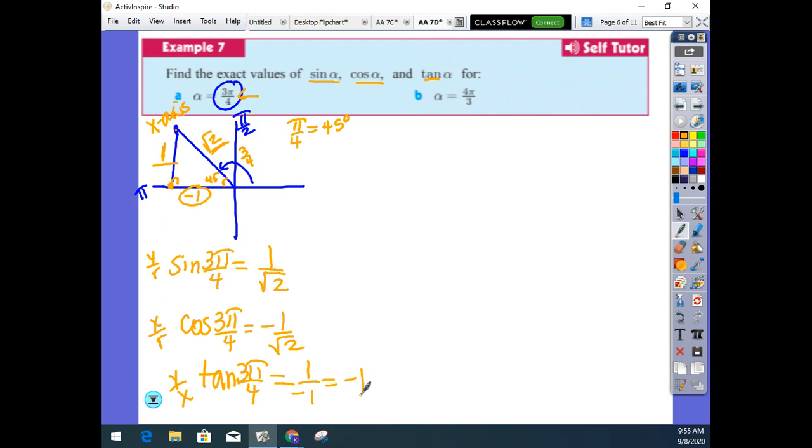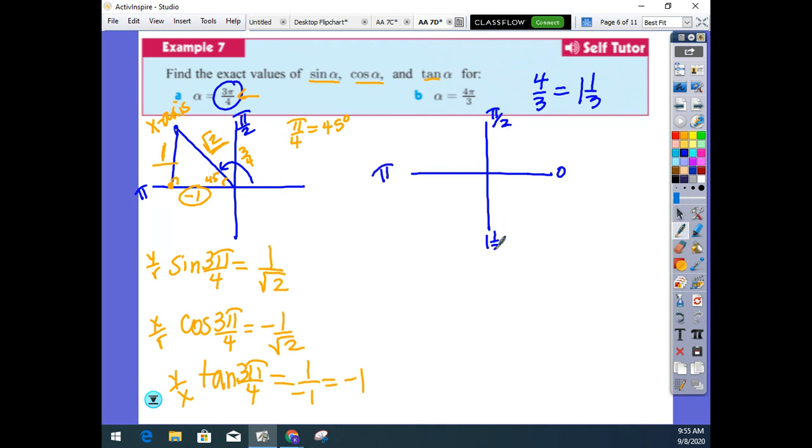All right, let's look at letter B. So 4/3 is 1 and 1/3. So if we're starting at 0, here's a half, here's a whole.